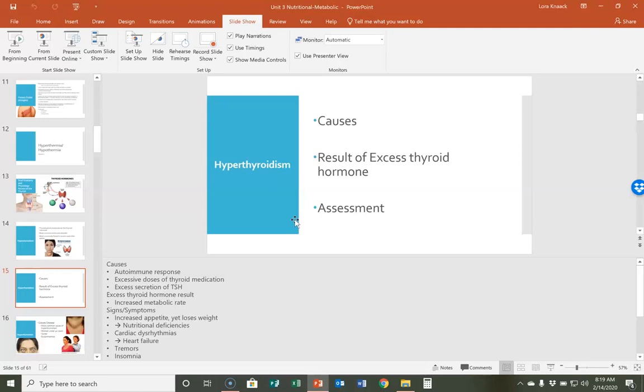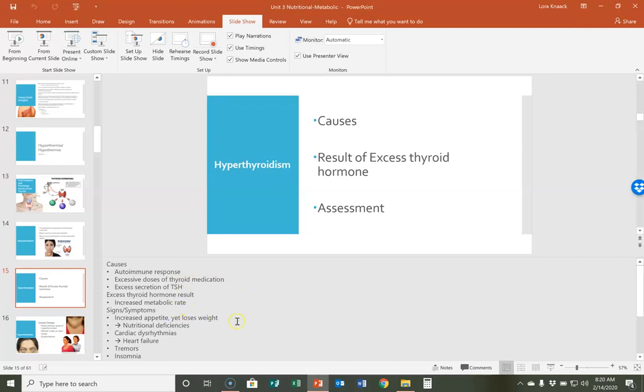Here's another scenario for you. Say the pituitary gland is functioning just fine. What do you think the pituitary gland would be doing if the thyroid is overproducing? The pituitary gland would want to tell the thyroid to slow down. So in that case, we're going to see low TSH, but a high free T4. We can see that the brain is telling the thyroid, you've got to slow it down.